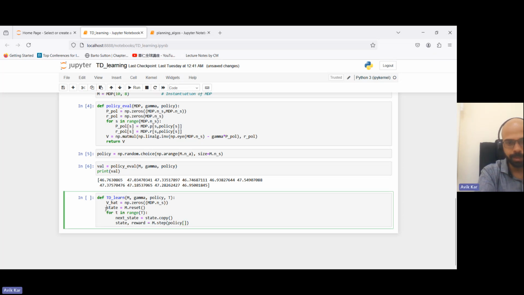Sorry, I made a mistake. So we first start with next state, and then in the state variable, we assign the next state variable. What was next state in my previous step? That is state now. And then here we generate next state by taking the action.